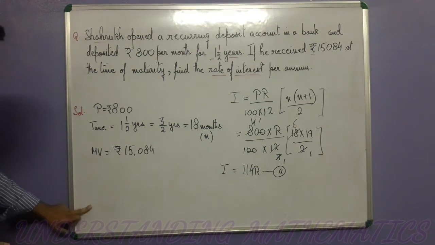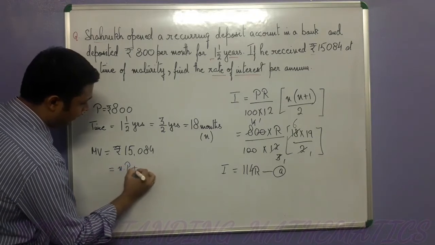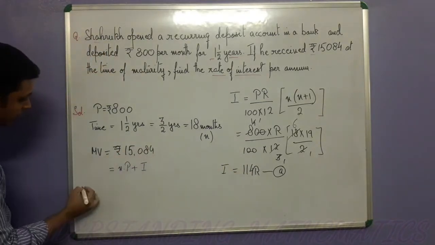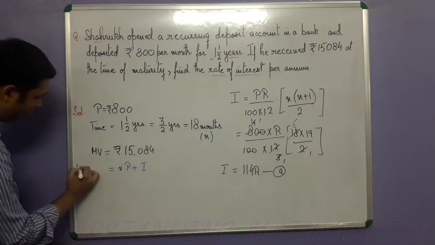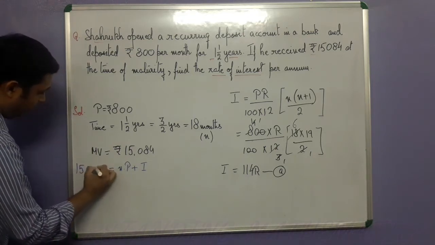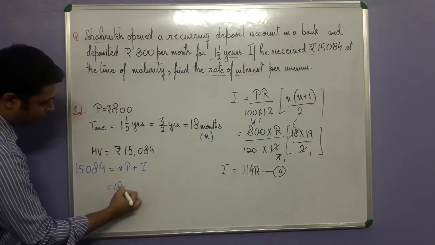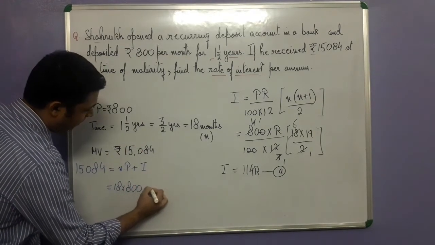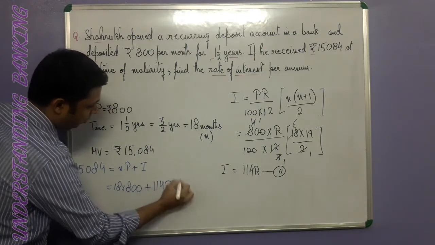Now here we know that the maturity value is known to us, and you know the formula for the maturity value, it is n into p plus I, that is this I. So we need to just substitute the values. On the left hand side what will come, 15,084, and then this is 18 into p, p is 800, plus the total interest 114 into r.